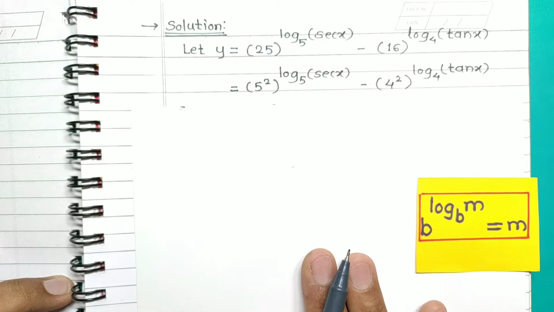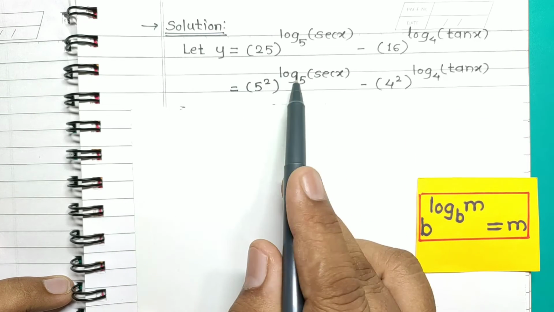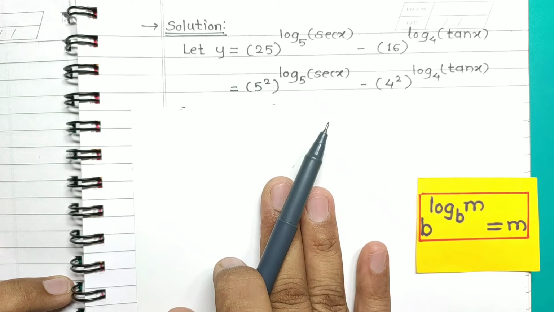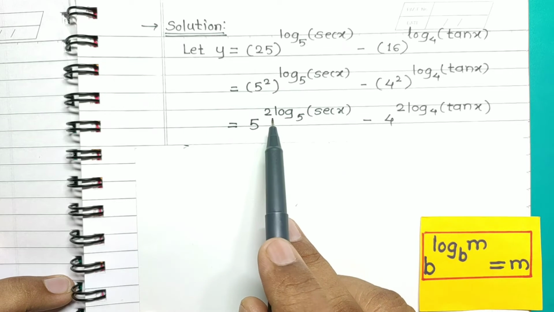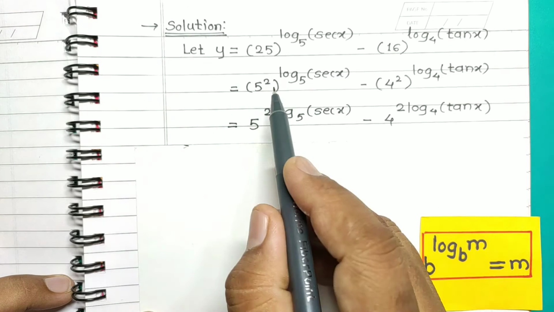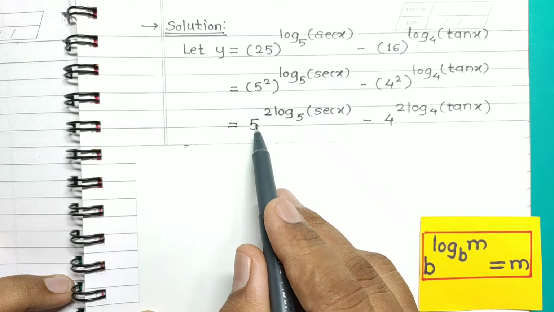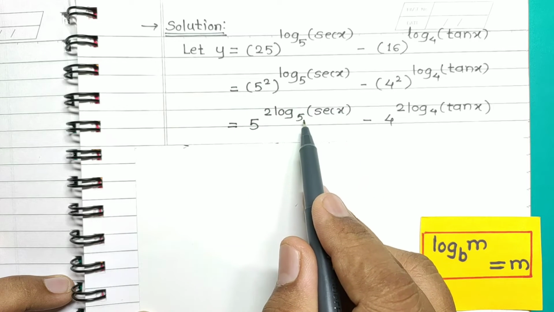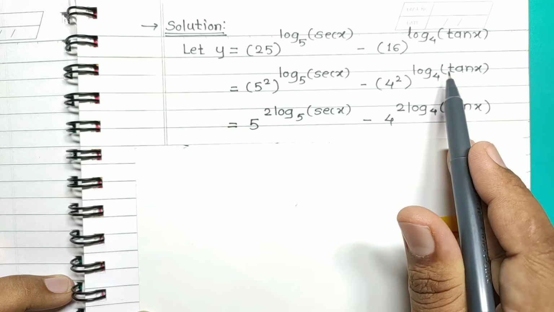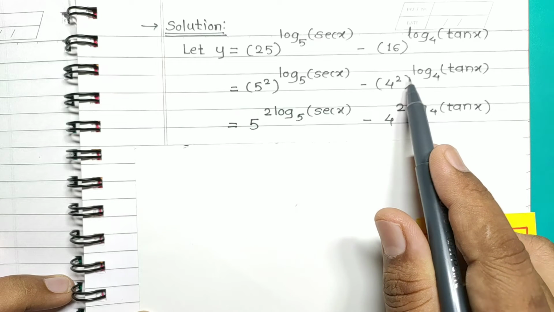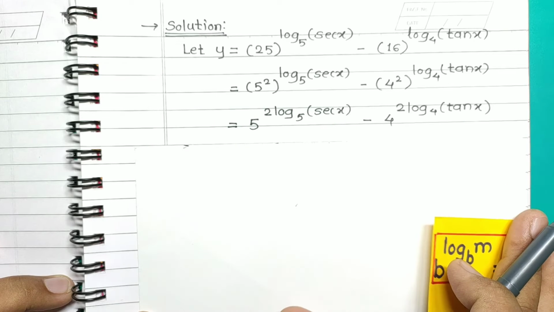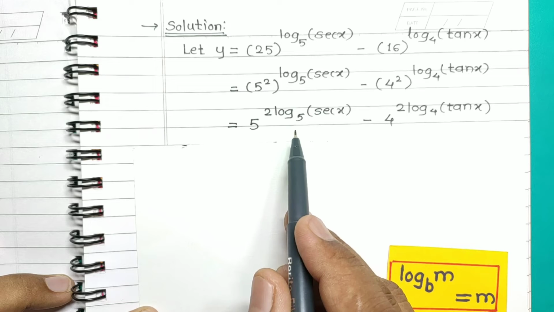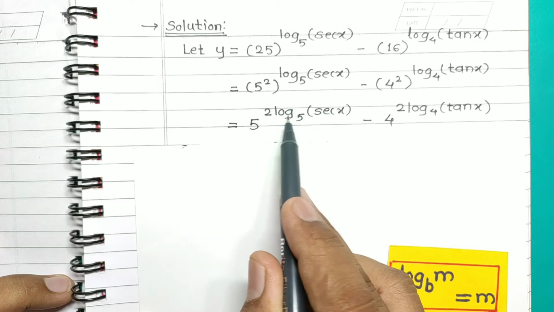See, we can write this 25 as 5 square, exponent as it is, 16 as 4 square, exponent as it is. So, by rules of indices, we can multiply this 2 to this logarithmic term. So 5 raised to 2 into log of sec x to the base 5 minus, again same here, 4 raised to 2 is multiplied to this logarithmic term. So now again we have to use law of exponent here.